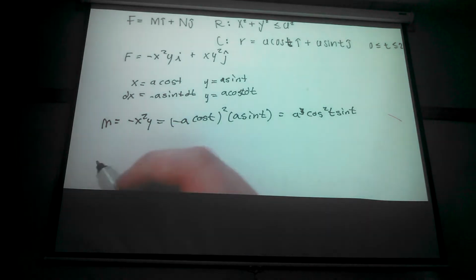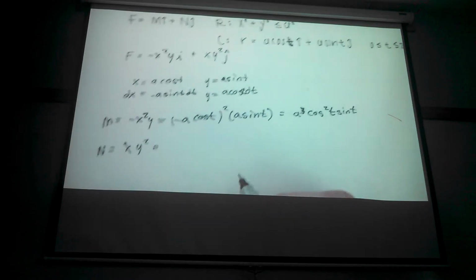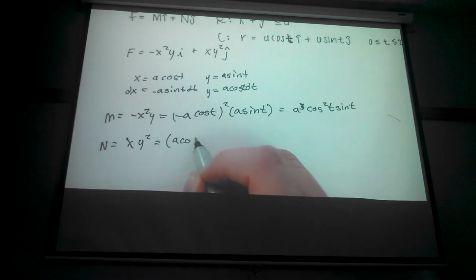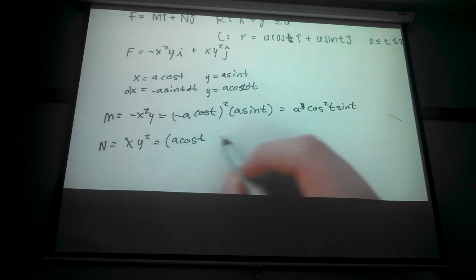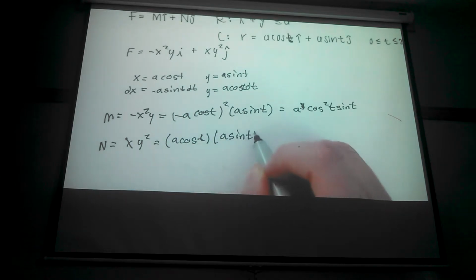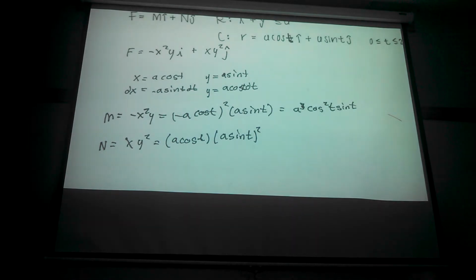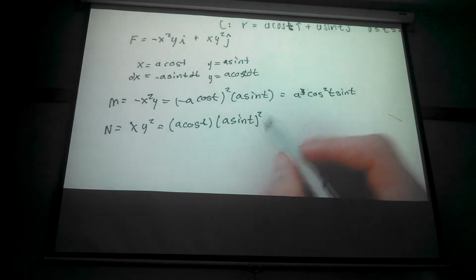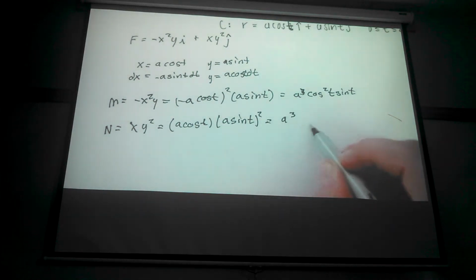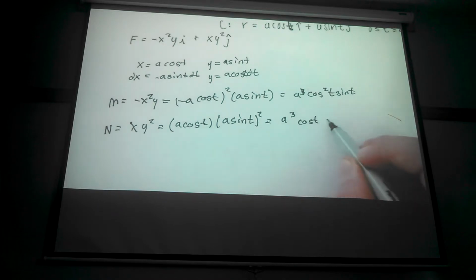Cool. And now our n portion is x y squared. So really that's our a cosine t times a sine of t squared, which really is just a cubed cosine of t sine squared t.